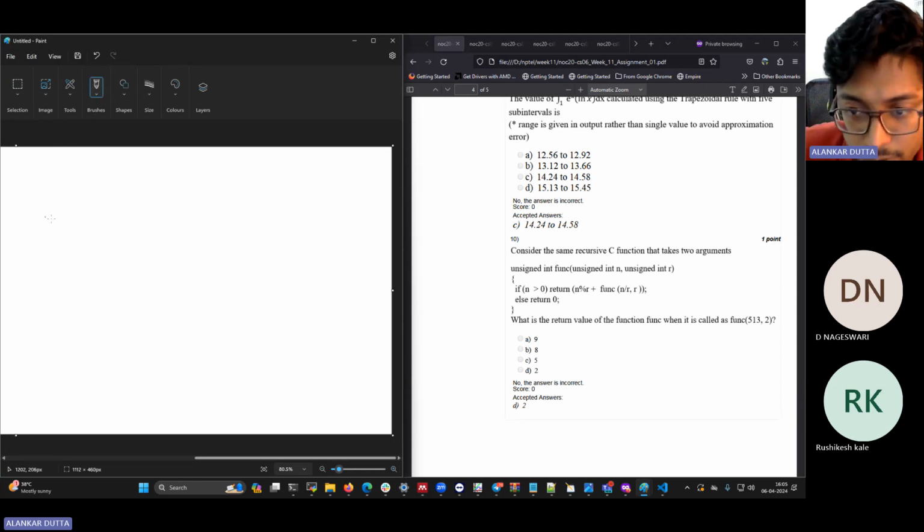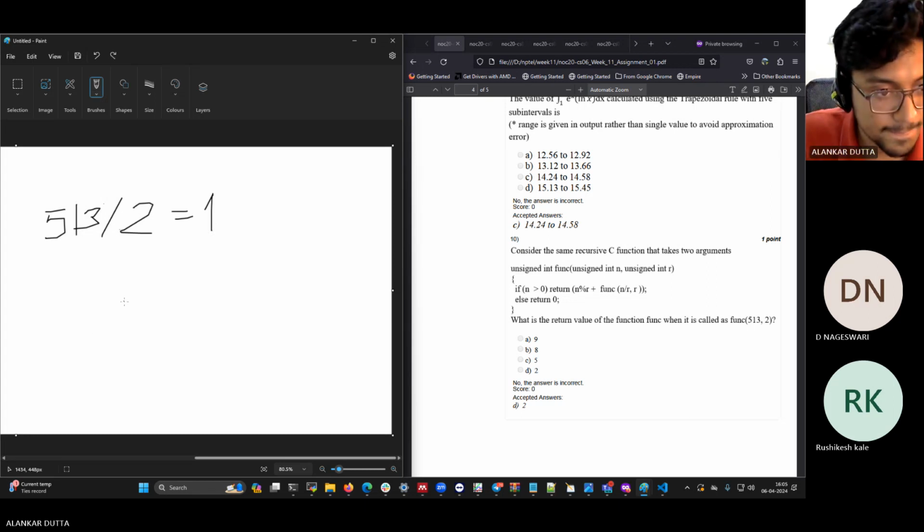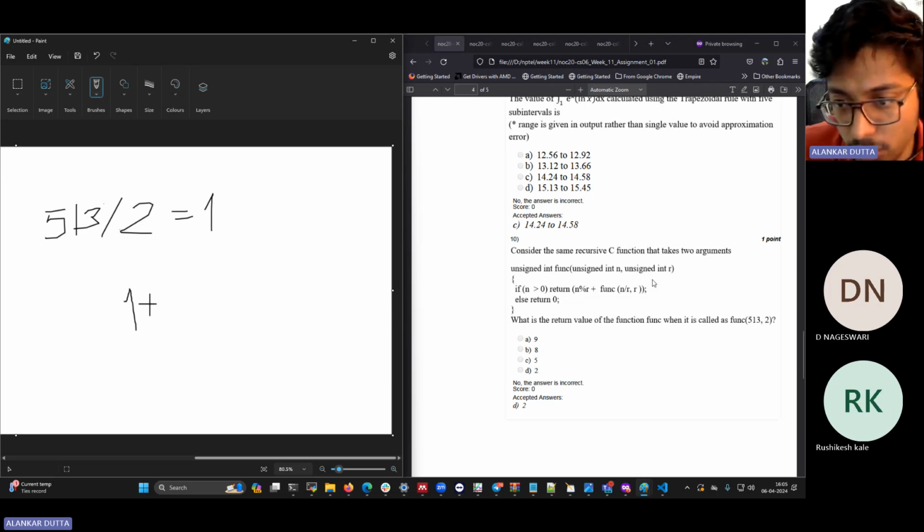So the first thing you do is 513 modulo 2. This is nothing but 1, and so you do something like 1 plus. 513 by 2 leaves a remainder, but you just do an integer division, and these are numbers which are integers.